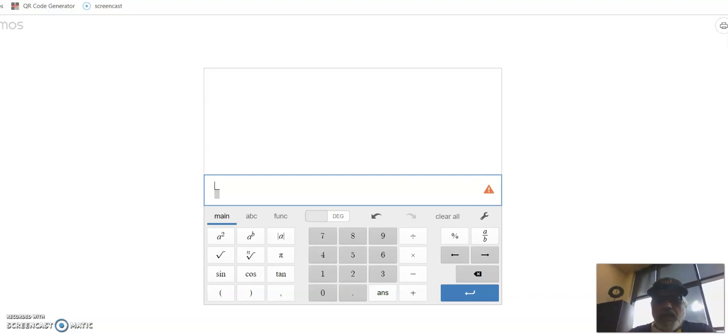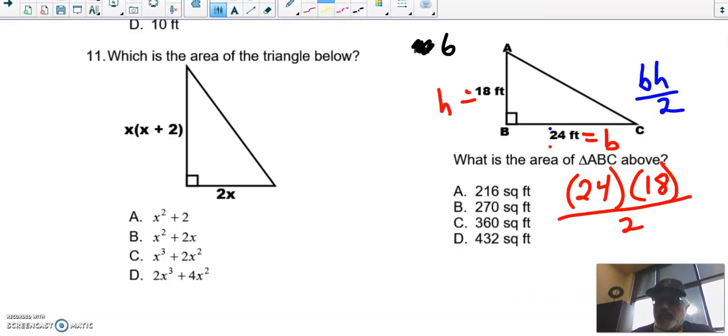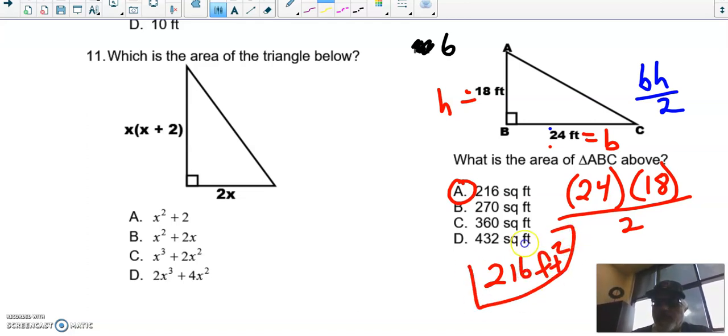On the top, I'm going to have 24 times 18, and on the bottom, 2, and I get 216. So my answer is 216 square feet. So it's 216 feet squared. And that finishes 7.7a.